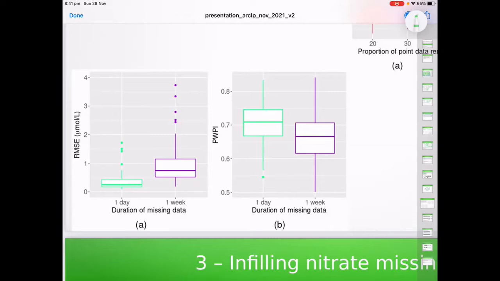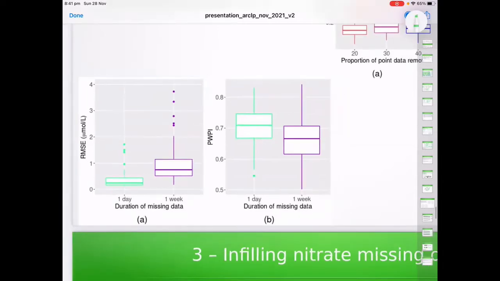It's still working, but if you just have 1 day of missing values, it is easier for our model to reconstruct the data. So this result makes sense.